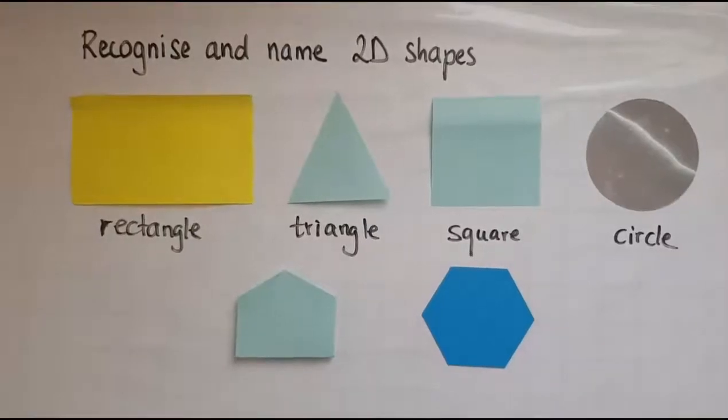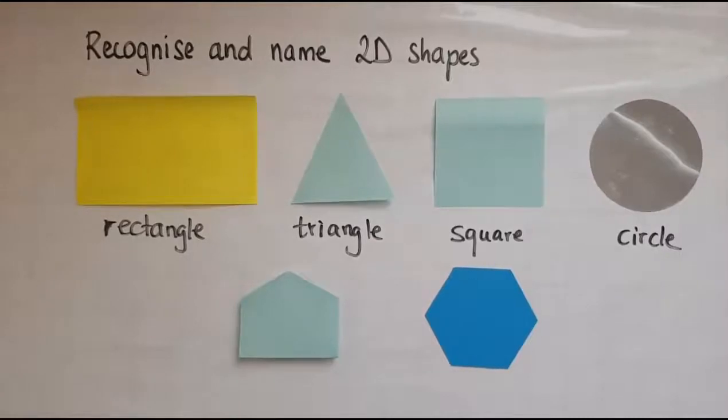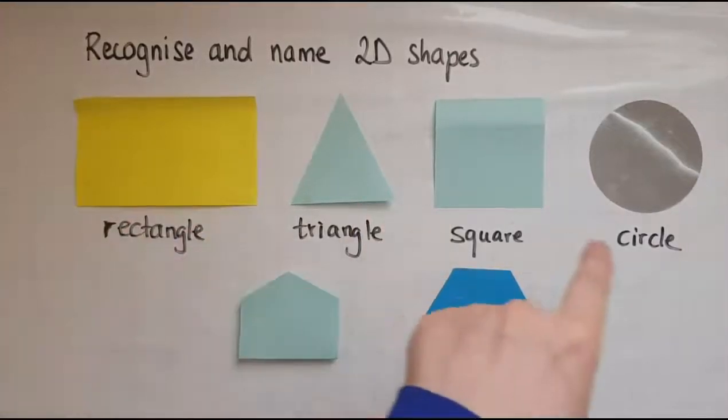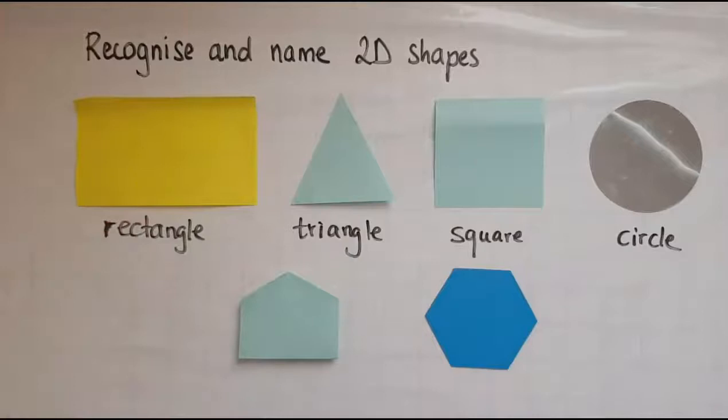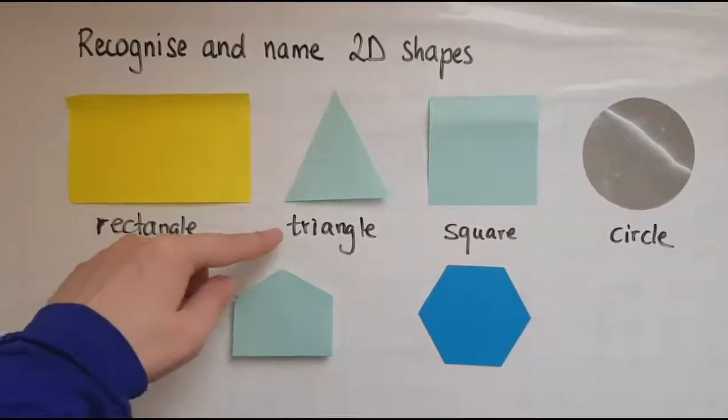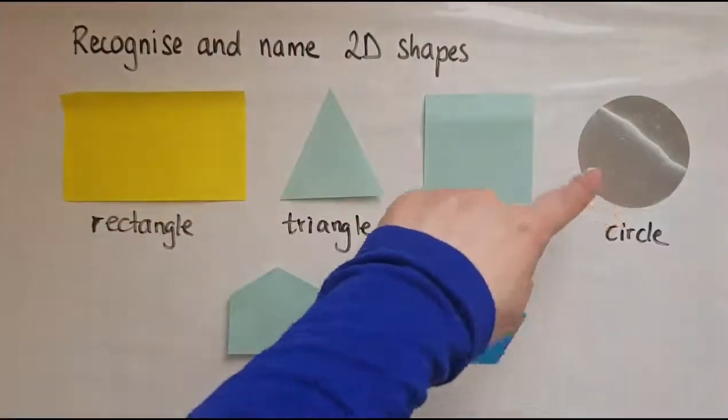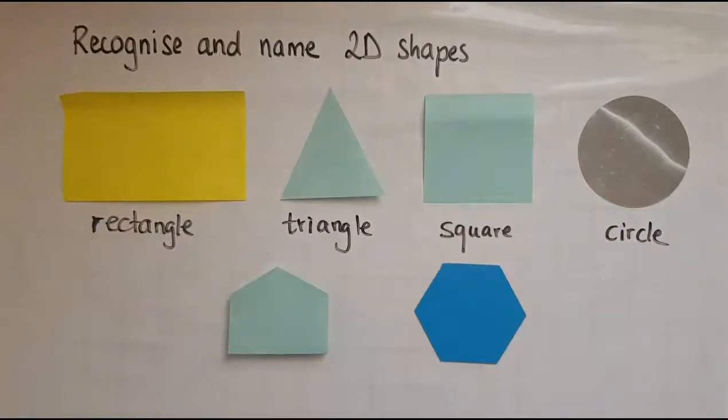In this video, we'll learn to recognize and name 2D shapes. At entry 1, we looked at these 4 shapes at the top: rectangle, triangle, square, and circle. If you need to revisit these, or you can't remember, or you can't recognize these shapes, then revisit the entry 1 video on 2D shapes.